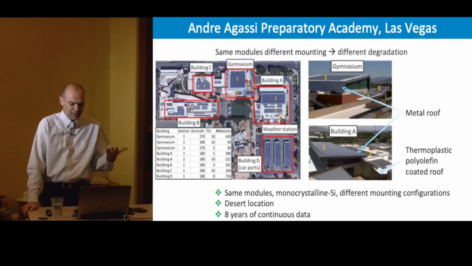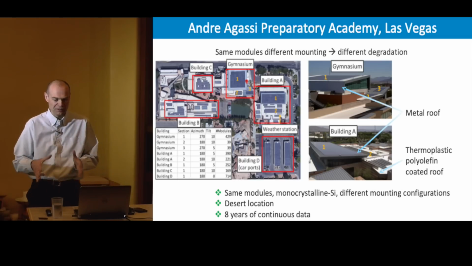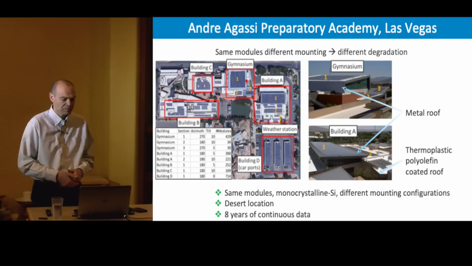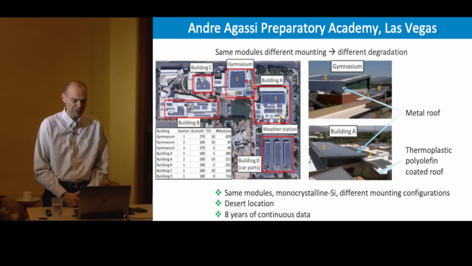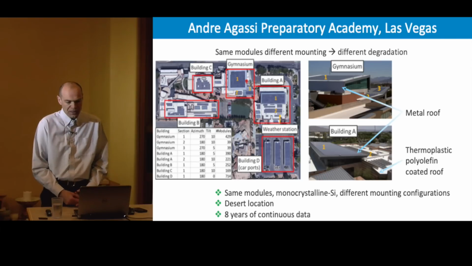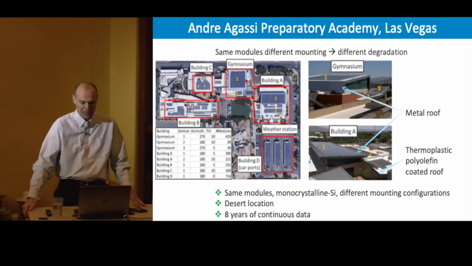So the gymnasium and building A have a large section of this array close-mounted on a metal roof, which tends to run hotter in the summer, or run hotter in general. And the other buildings are either on a thermoplastic coated roof, which tends to be a cooler roof, and a carport.